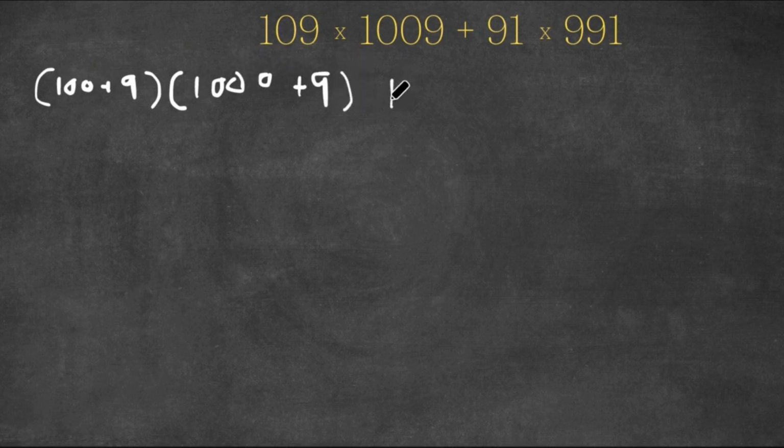And now we are adding this with 91. I'm going to rewrite that as 100 minus 9. And finally, 991, I'm going to rewrite that as 1000 minus 9.